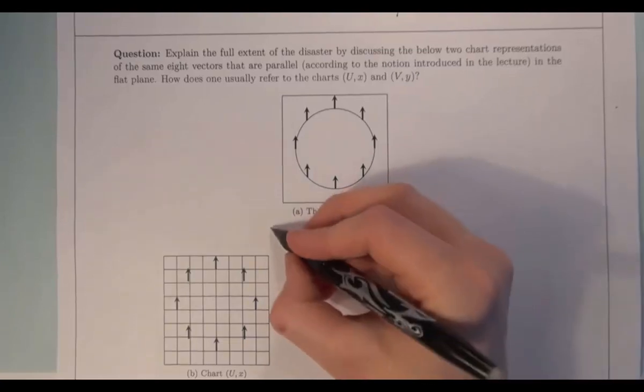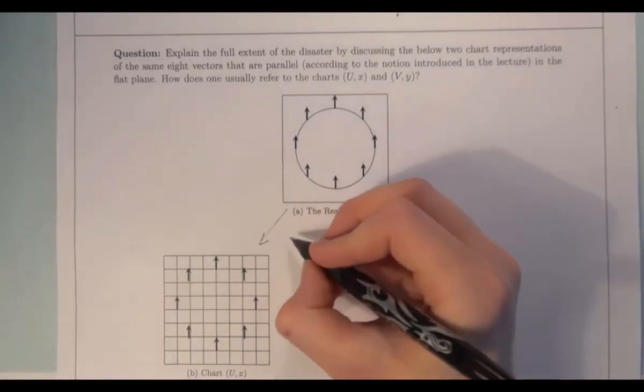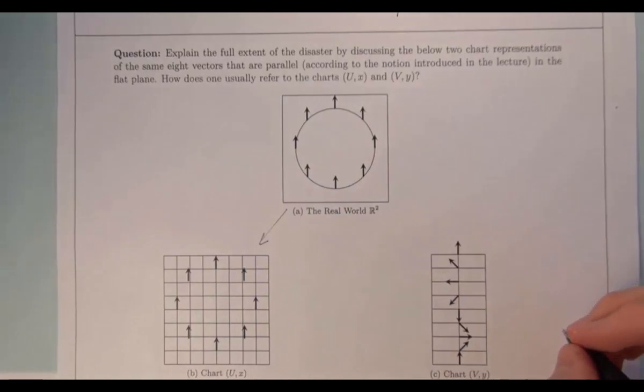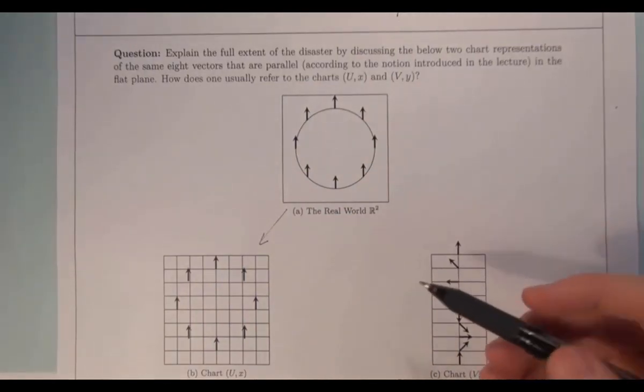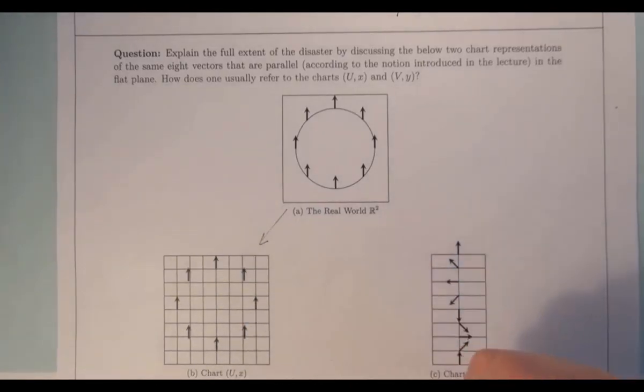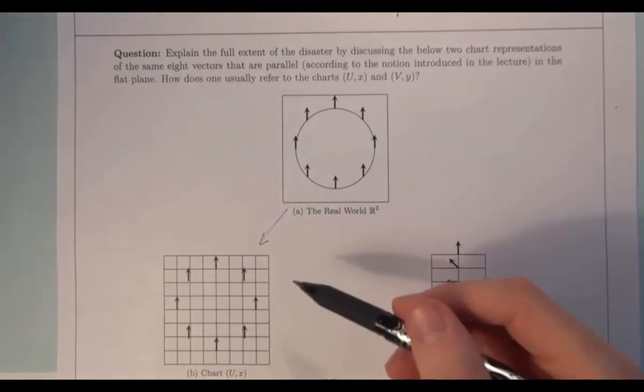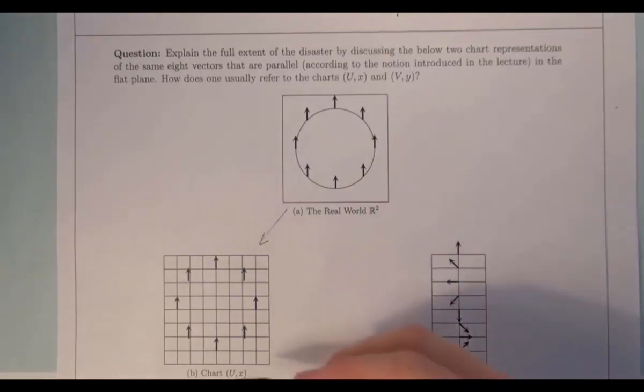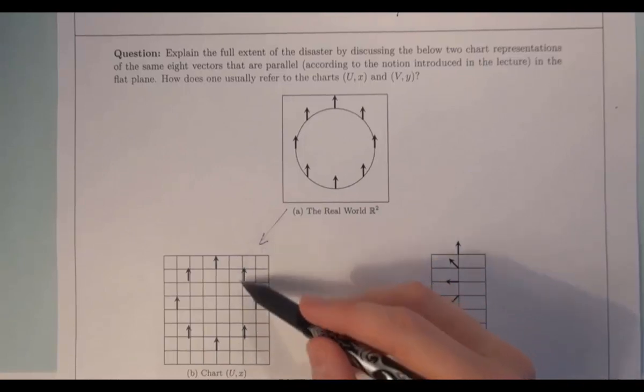And now we go to the chart Ux, which is just our Cartesian chart, so to say. And there we see, okay, these vectors are still parallel, and even parallel in the sense Hänschen defined. So all the components are still the same.